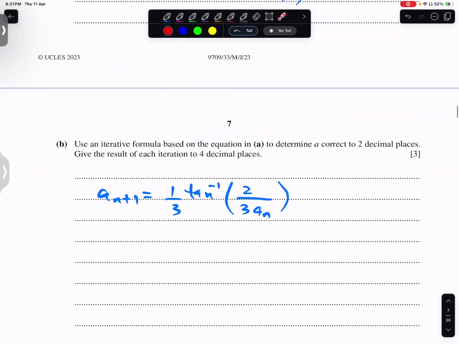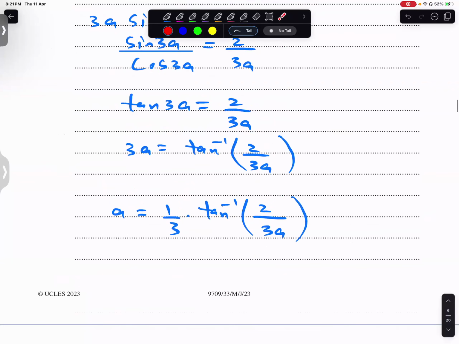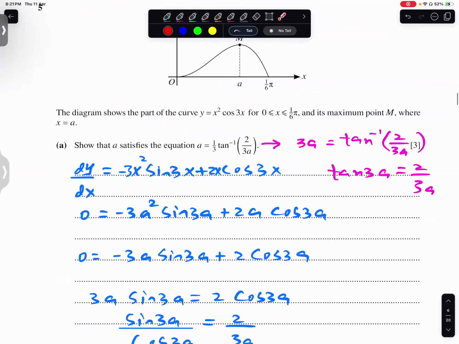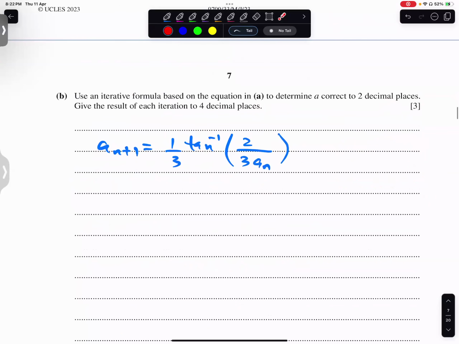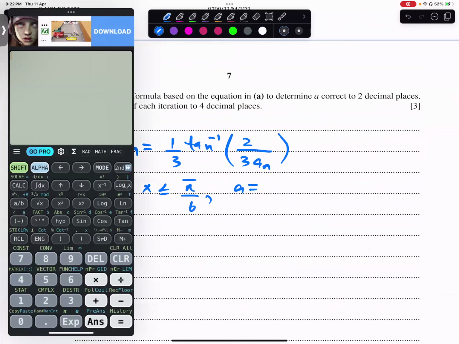You can choose any value on the real line. It is not necessary to choose a point exactly between this limit, 0 to pi by 6. It doesn't matter. Let's say I take the average, pi by 6 divided by 2, so that will be pi by 12.